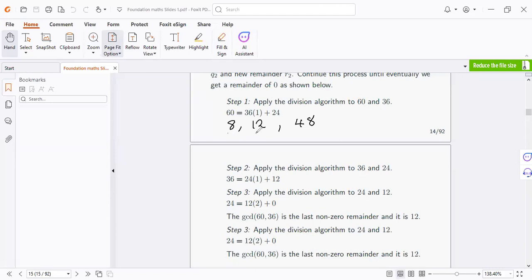I would find the GCD of the first two, and let me call this GCD D. Then take D and 48 and find the new GCD.